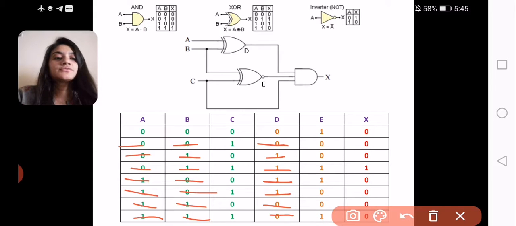Same bits give 0, but different bits give answer logic 1, that you can verify by this truth table.